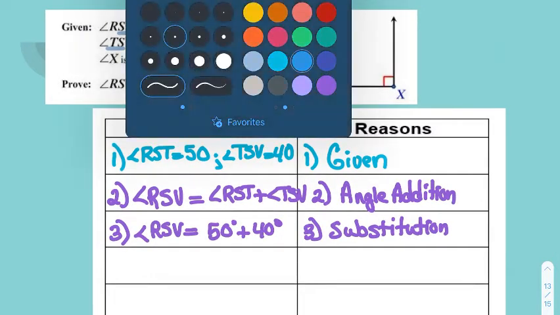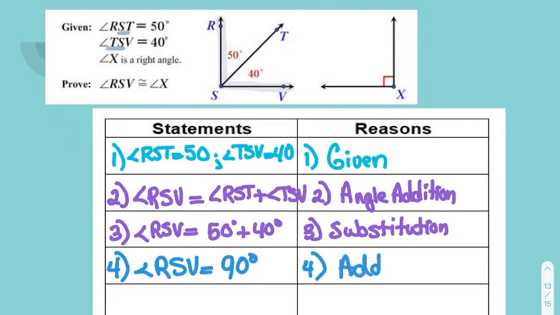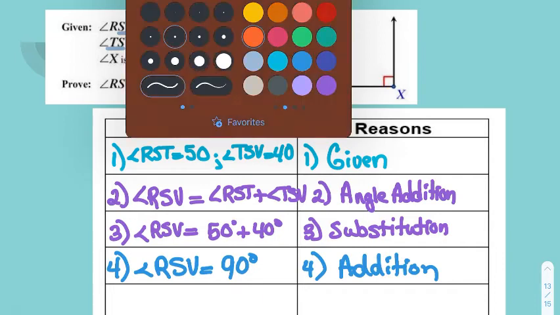Now let's say, okay, well, 50 plus 40 tells us that RSV must be equal to 90 degrees, and that was by addition. Okay, so far so good. And in this case, we might actually be running out of room, which is just fine. We can always add some more columns.